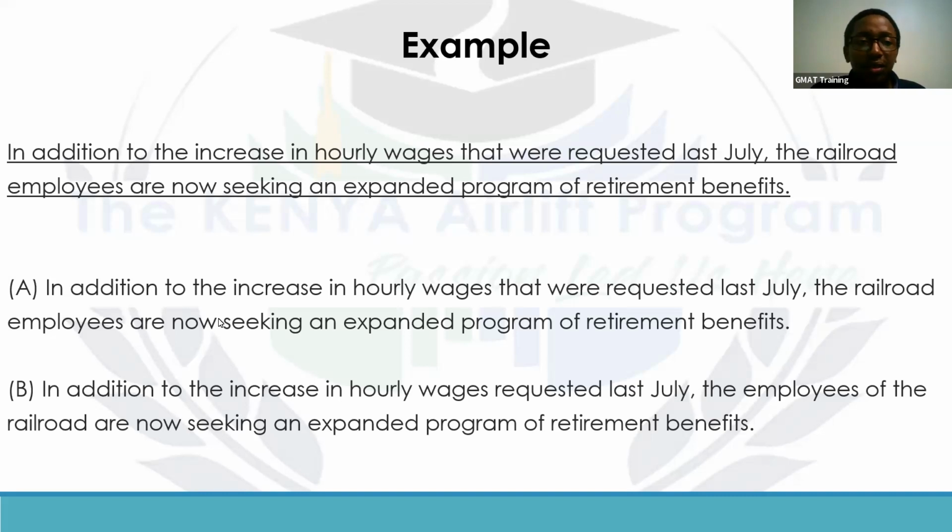So let's look at A. "In addition to the increase in..." A is the same as the question. Looking at A, if you do not consider the first part, this second part, just the phrasing of it, is a bit different from our option B. Option A has the railroad employees and option B has the employees of the railroad.